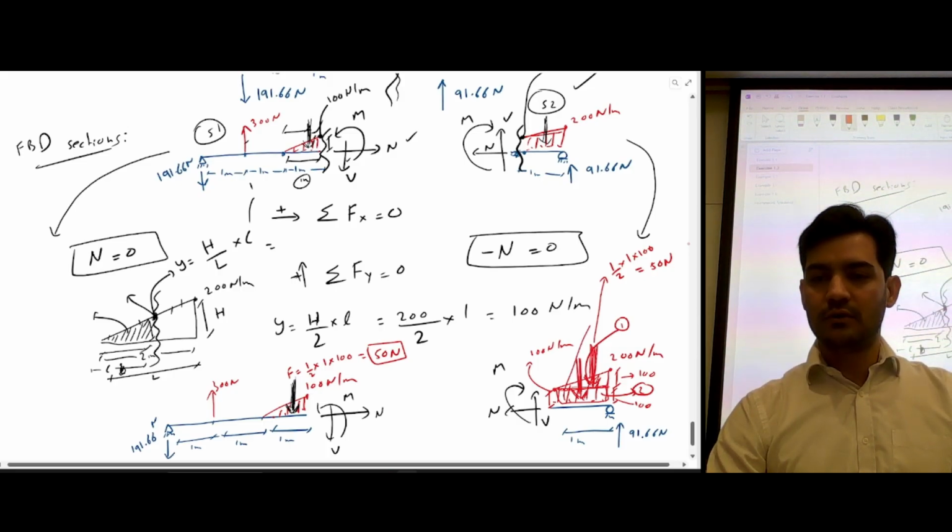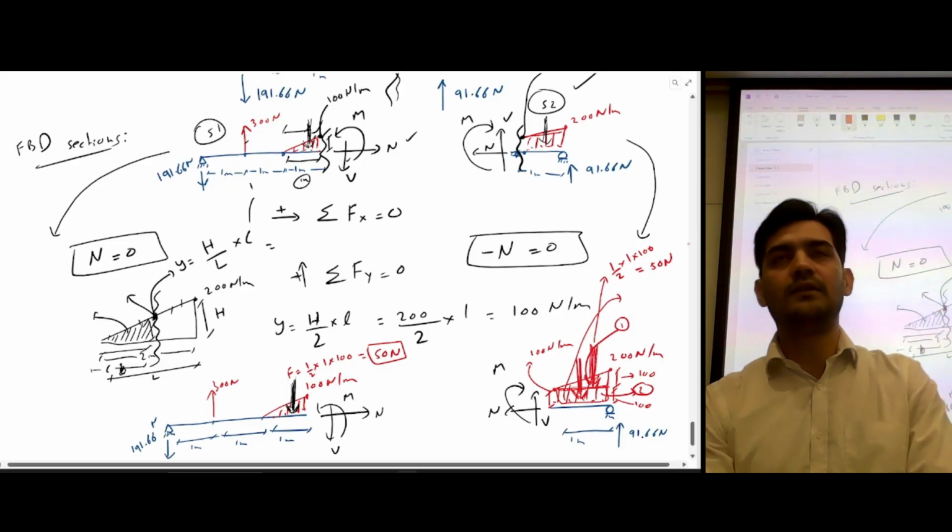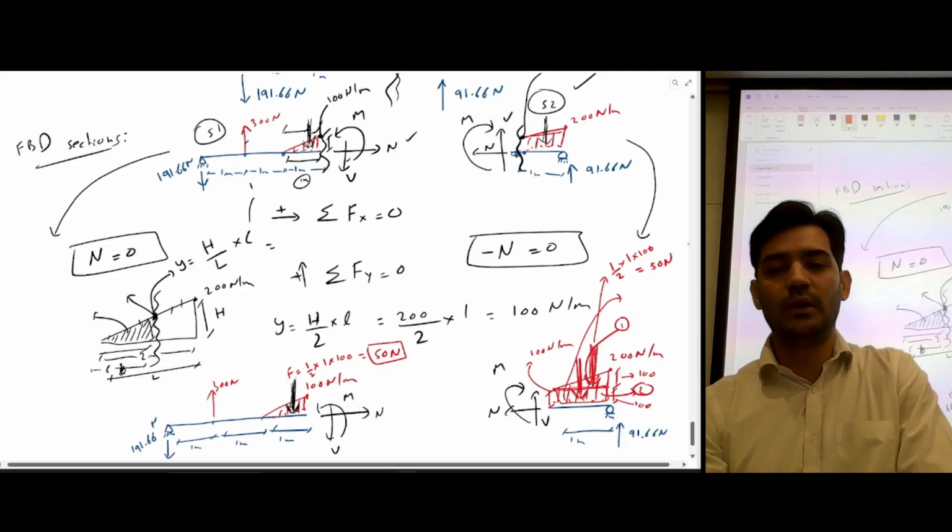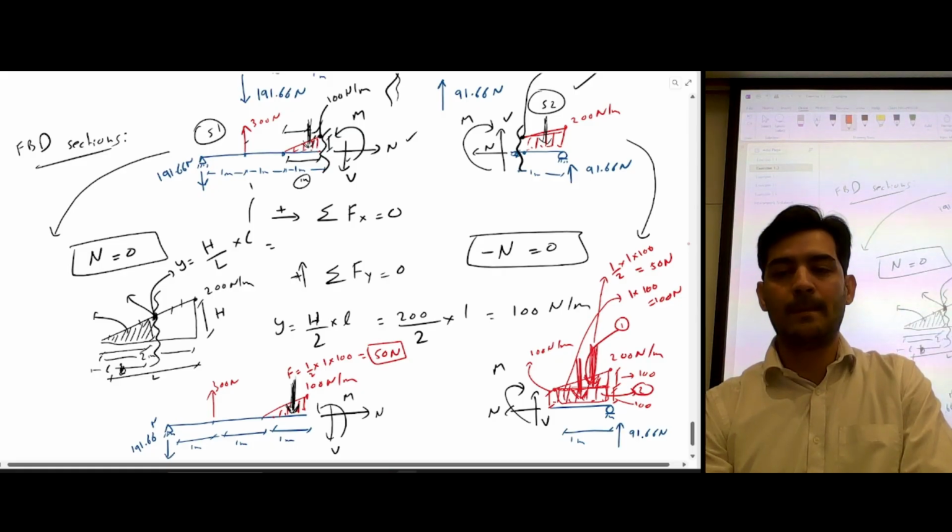For the rectangle, the area is length into width. Length is 1 meter, width is 100, so we get 100 for the rectangle.